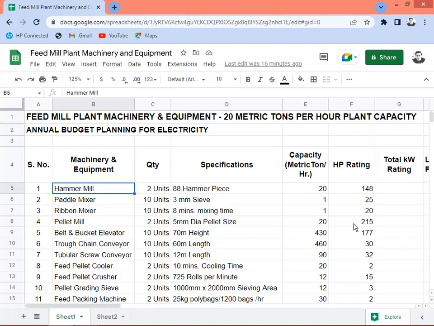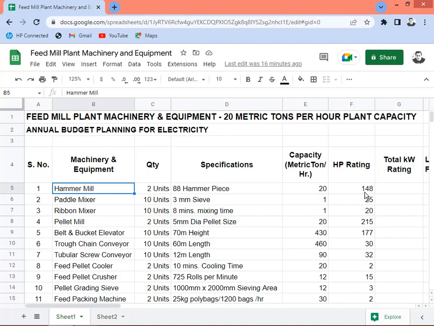Some motors indicate horsepower in the tag, in the plate fixed on the side of the motors. Motors as big as this one, 140, this is a big, huge electric motor that we're going to be using in our feed mill plant.